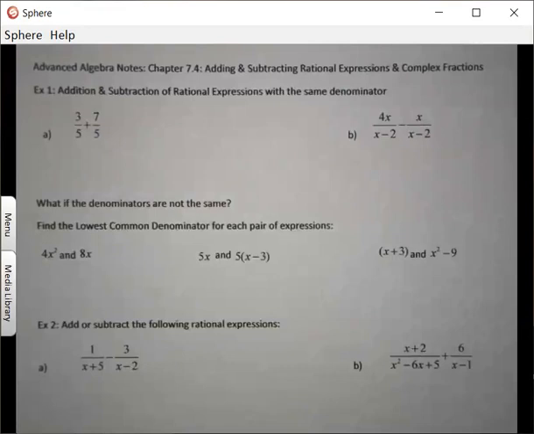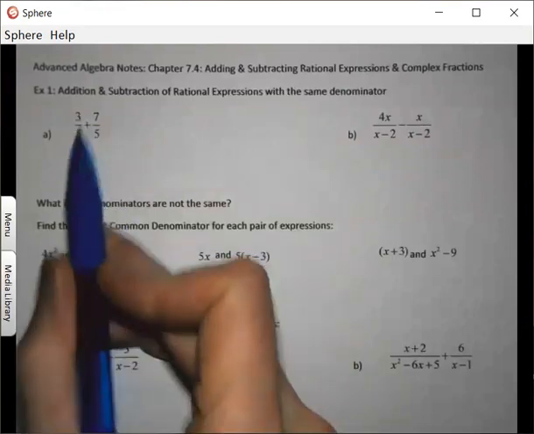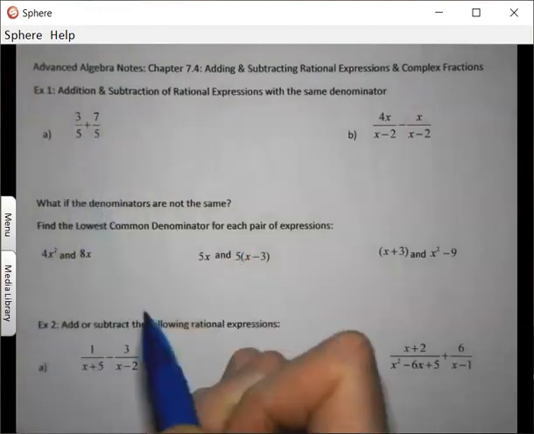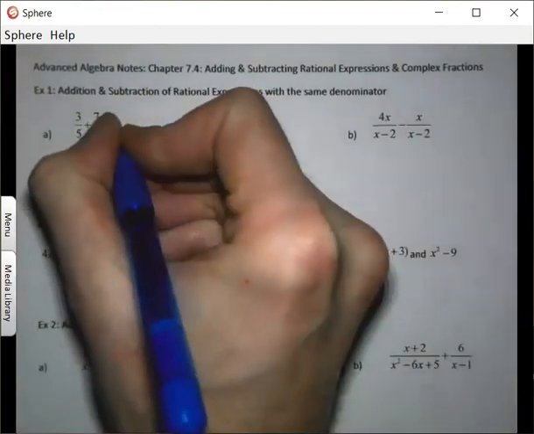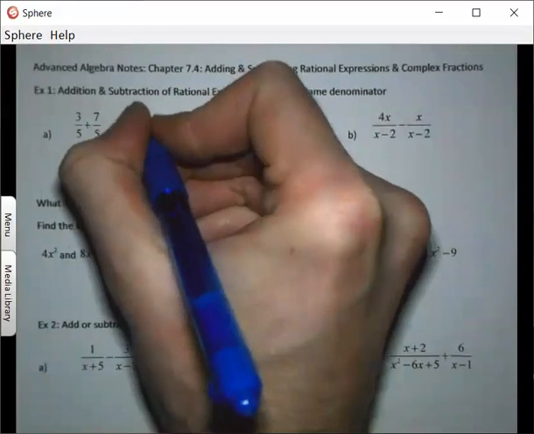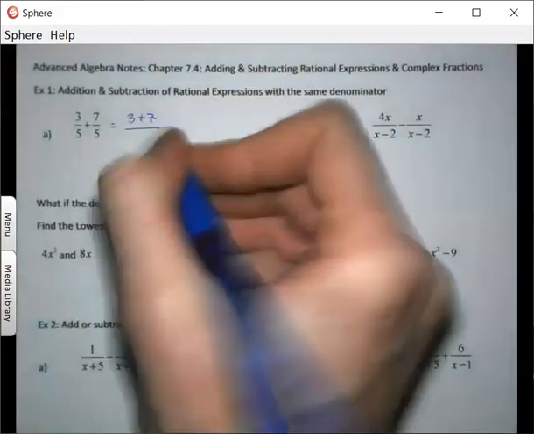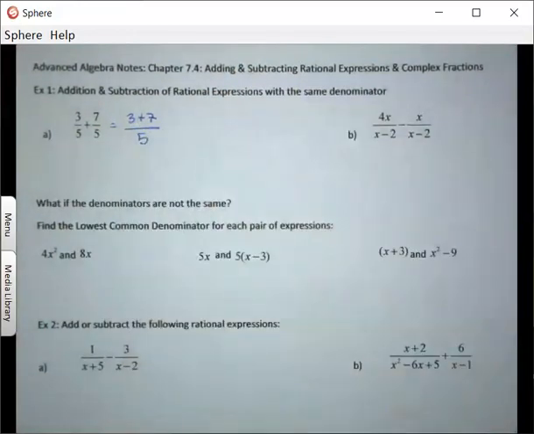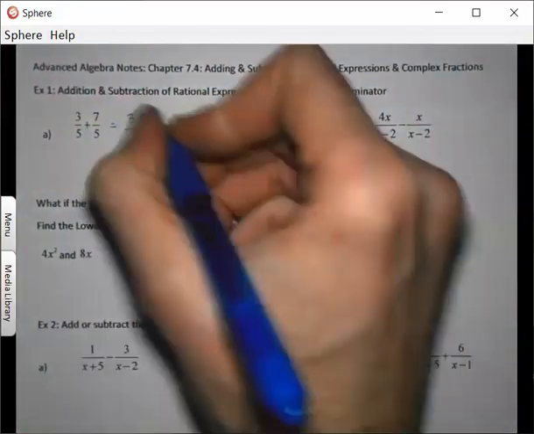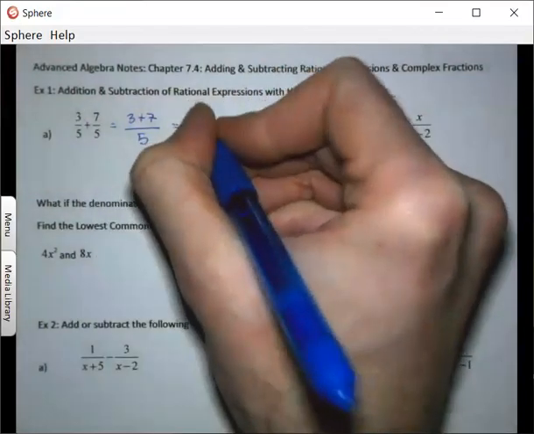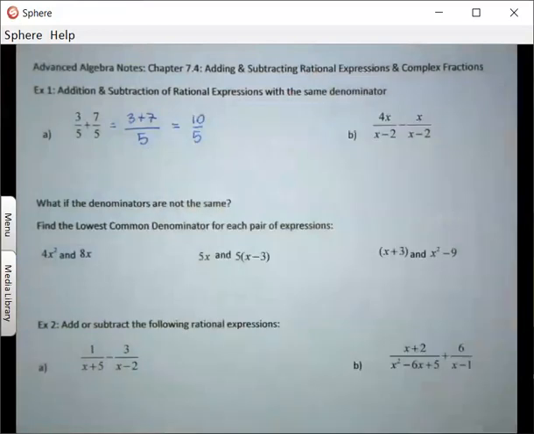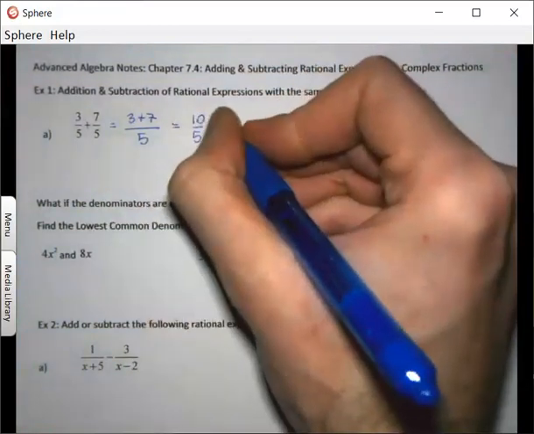So example A, if I have 3/5 and I add 7 more fifths, that leaves me with 10/5 or simplified.